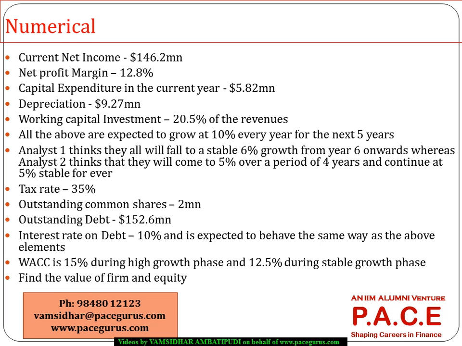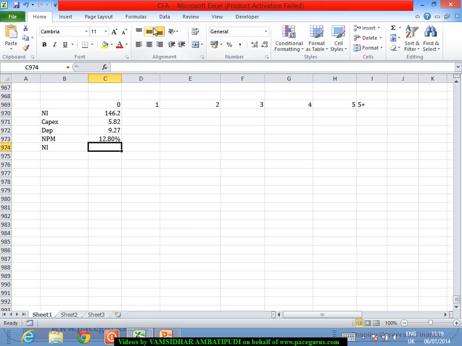or probably let me change this to the sales. Instead of taking current net income, probably I'll take it as current revenue. So let me call this as the revenue for the period. So from here I can get net income, which is net profit margin times the revenues.